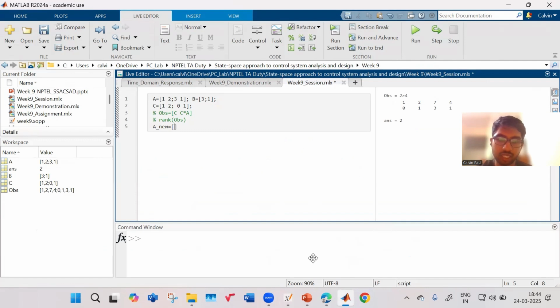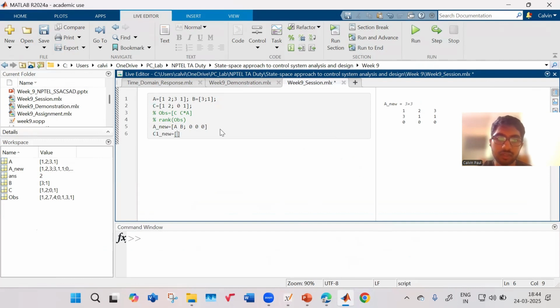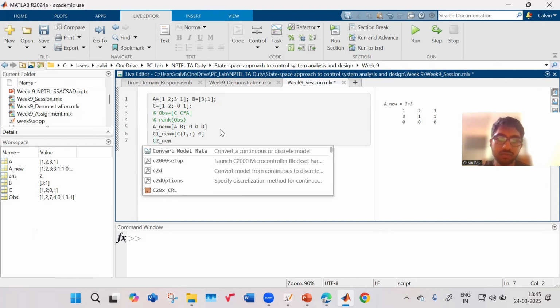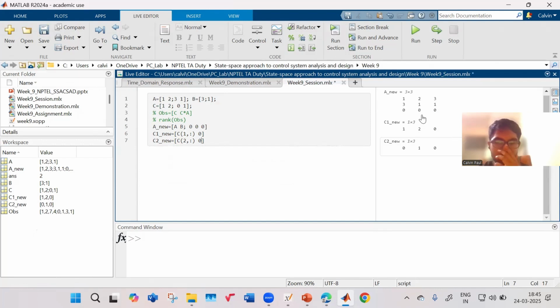That is equal to A, B, 0, 0, which is 1 2 3 3 1 1. C1 mu is the C matrix, its first row and all columns, and then 0. C2 mu is again the C matrix, but its second row, all columns, and again 0. So this is A mu, C1 mu, C2 mu.